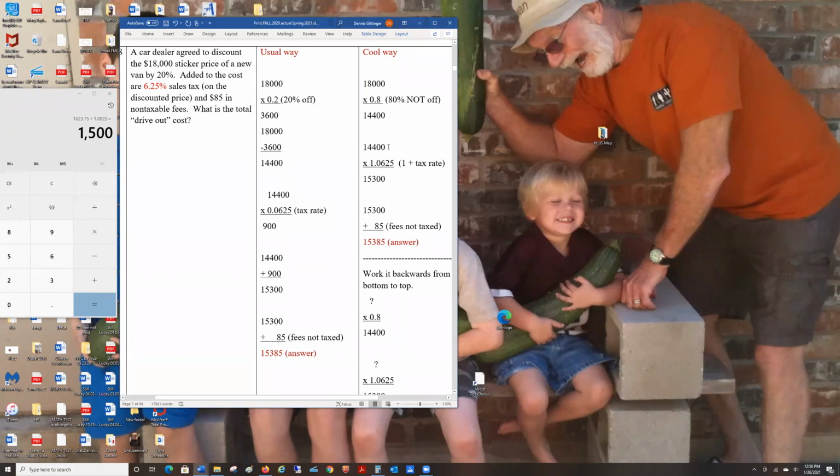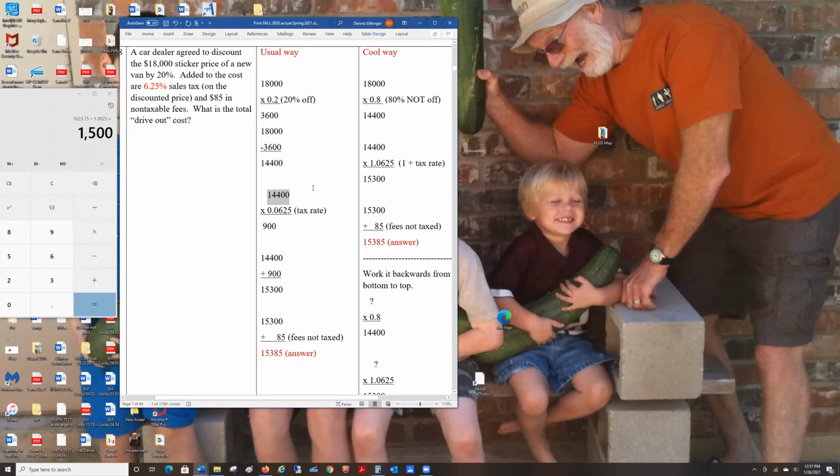If you have a number like 14,400 and you're going to increase it by 6.25%, that's the same thing as taking 100% plus 6.25%, and that's 106.25%.